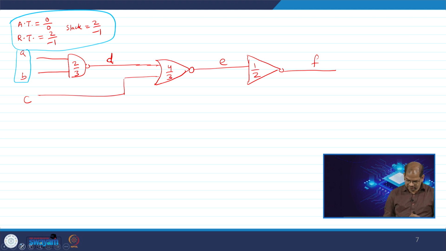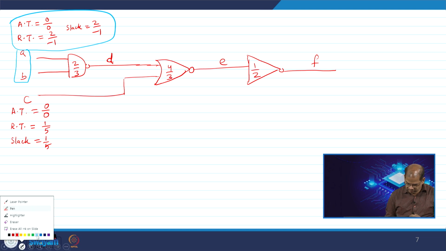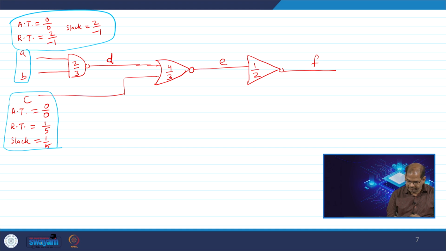Now, for C, arrival time is basically 0 by 0 and the required time at this point is basically 1 by 5 and the slack is basically 1 by 5. This corresponds to node C, correct. Now, for the D, what is the arrival time?